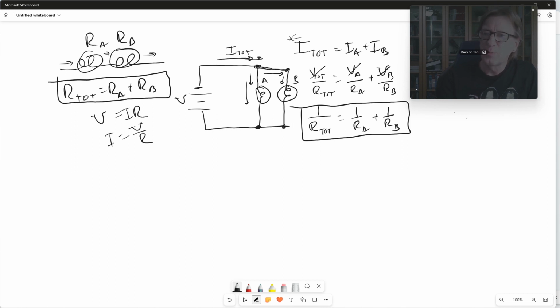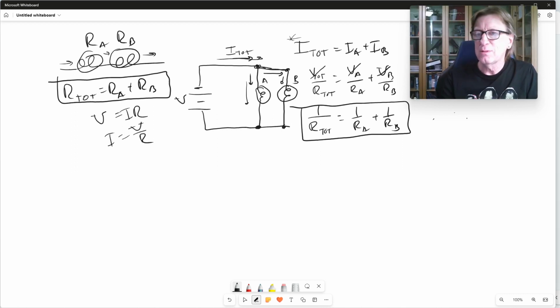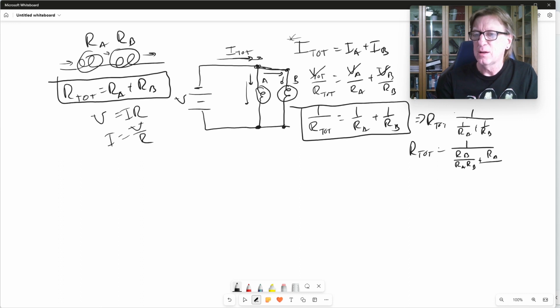Now, if you really want to, we could go ahead and flip this. And so that would tell me that R total is equal to 1 over (1 over RA plus 1 over RB). So we need to get a common denominator here. And so that says R total is equal to 1 over (RB over RA RB plus RA over RA RB).